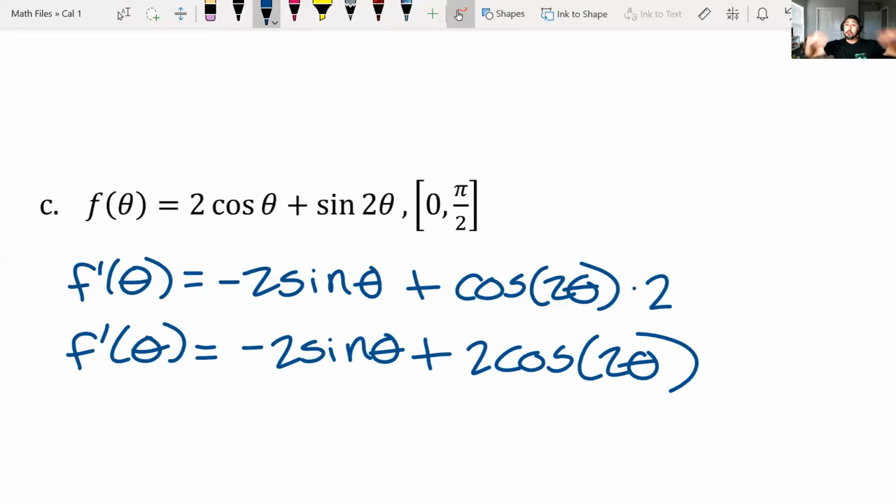Okay, we want to set this equal to 0, but if we set it equal to 0 now, nothing's going to happen because we want this to be in terms of one trig function, if possible. So this means whip out your trig identities, trig formula sheets, and find the identity for cosine 2 theta that could possibly help you.